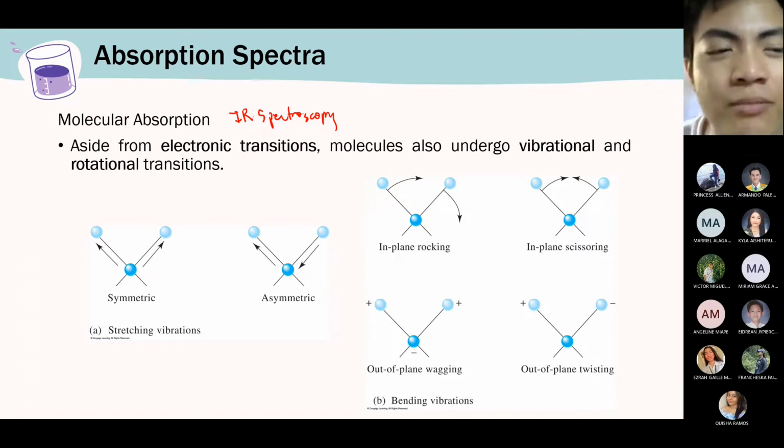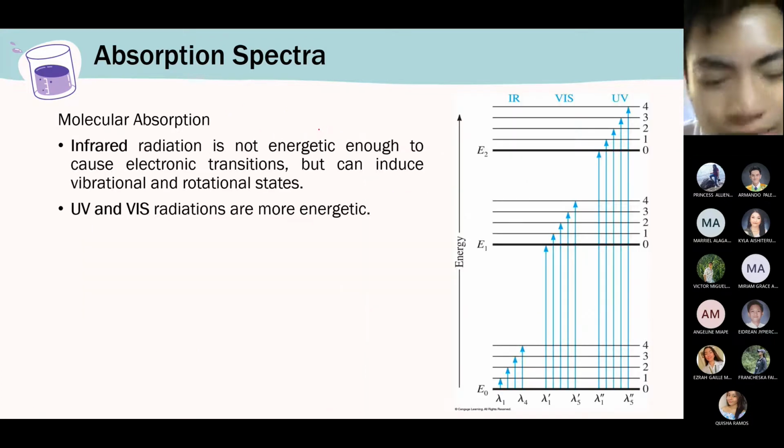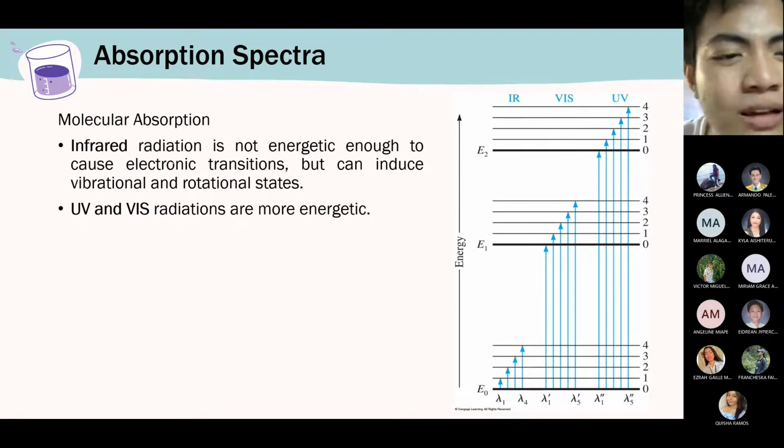So there is an energy transition, or vibrations, which depend on the chemical bonds as well. Infrared absorption just causes vibration, but UV-Vis is more energetic because it involves visible light.